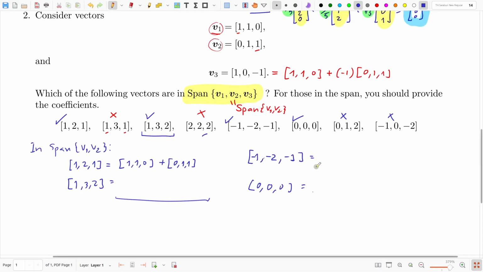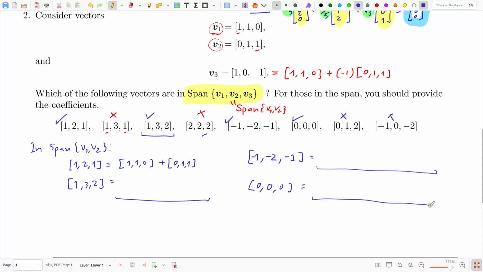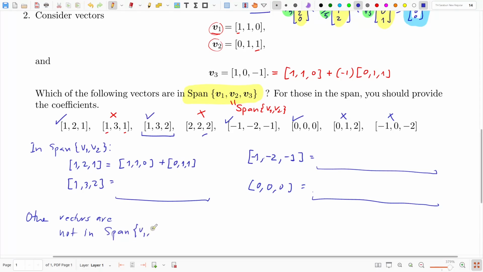So do this, and do this. Other vectors not in the span of V1. Do this really quickly, then we'll come back and talk about new topics for today.